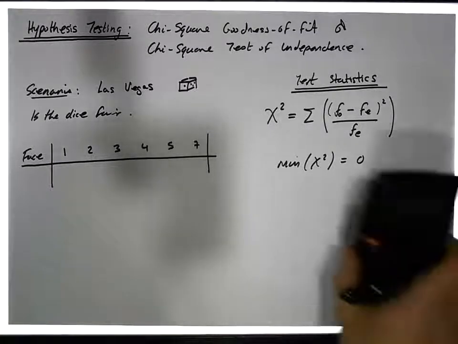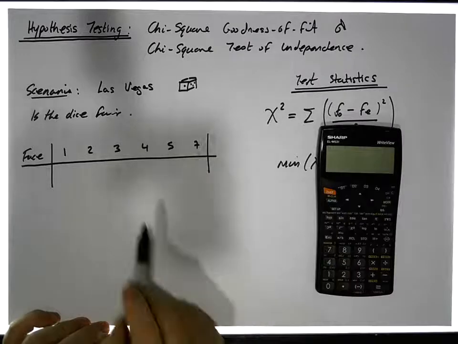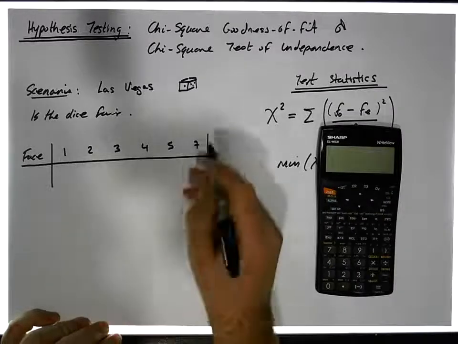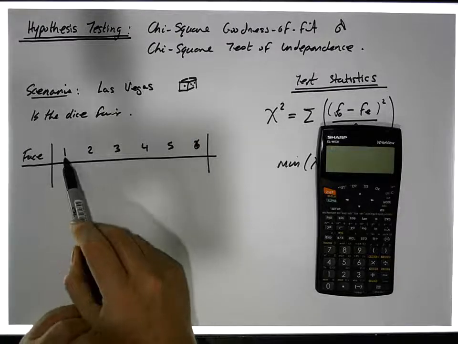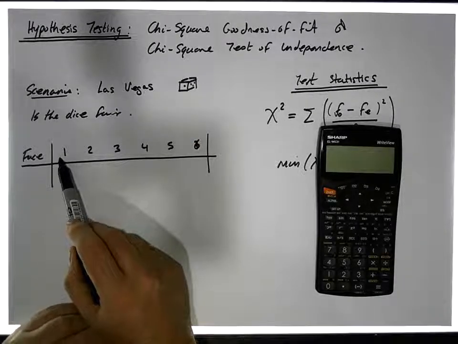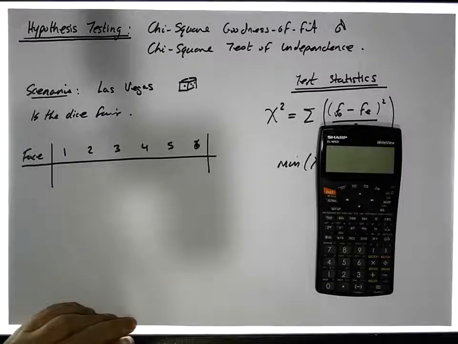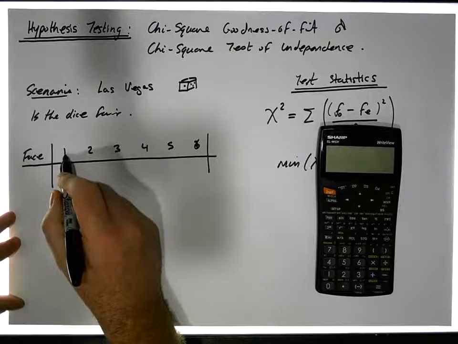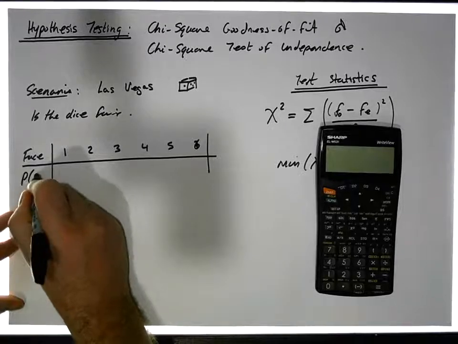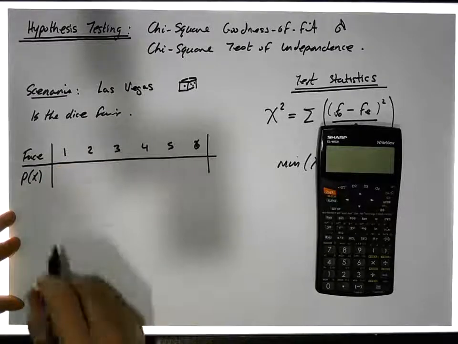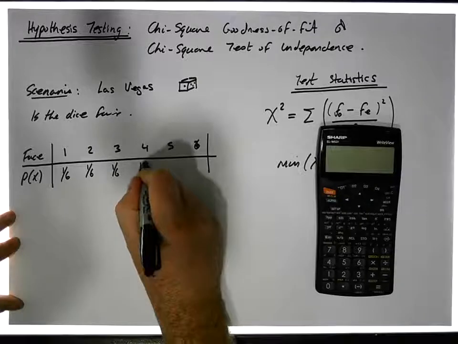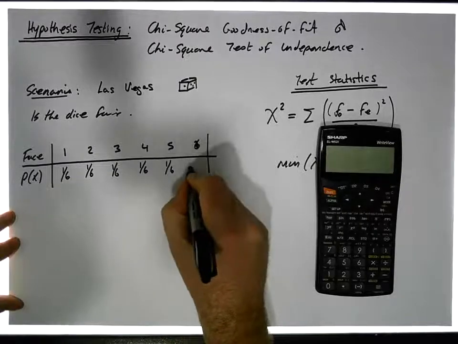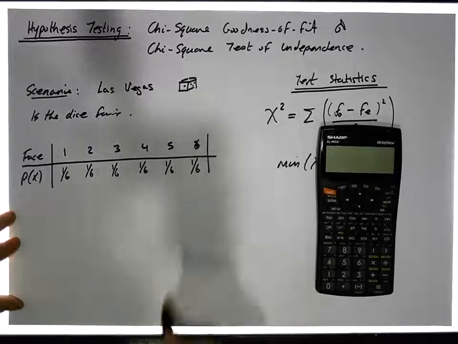We'd expect a 1 to occur 1/6 of the time when we roll a die. So 1/6 of the time we should get a 1, 1/6 a 2, 1/6 a 3, 1/6 a 4, 1/6 a 5, and 1/6 a 6.